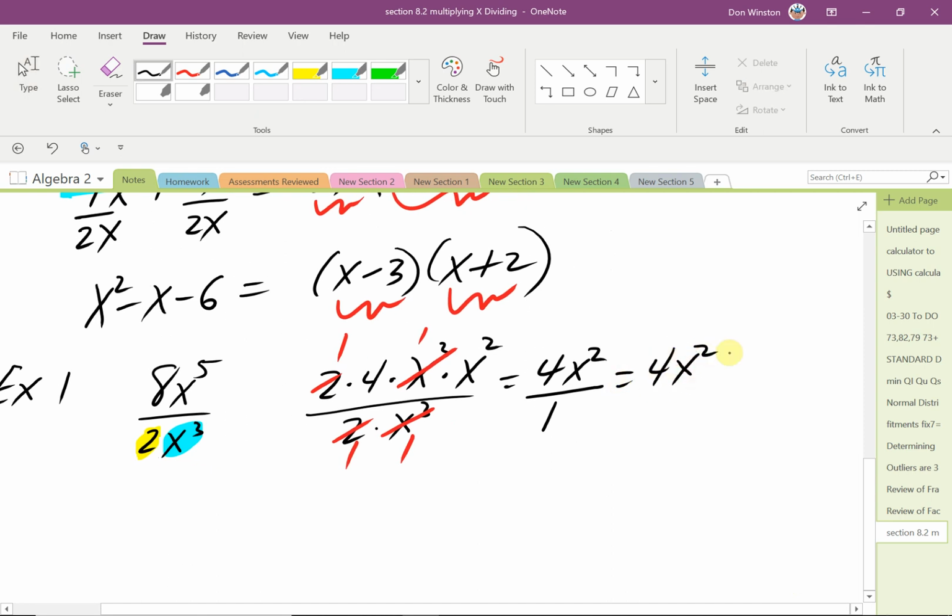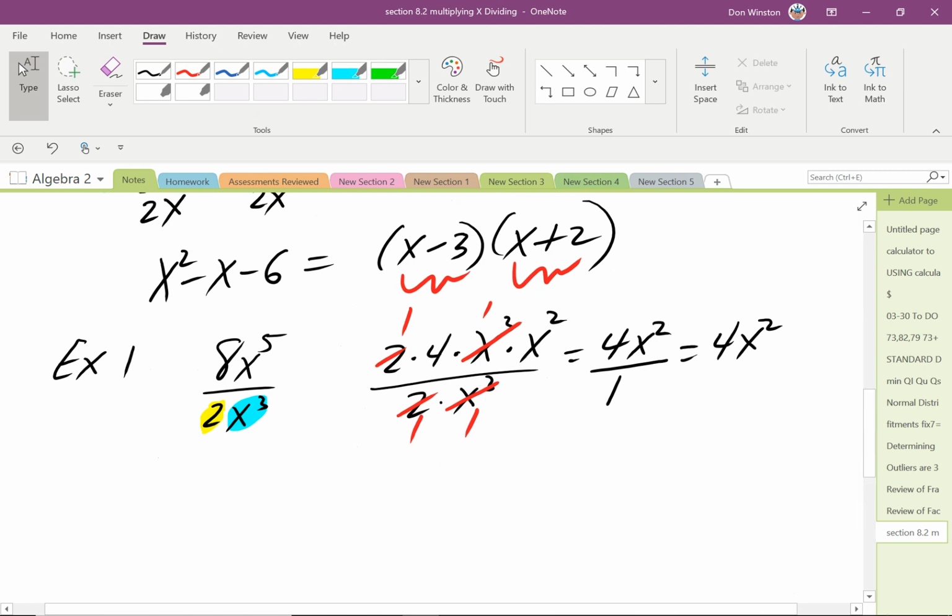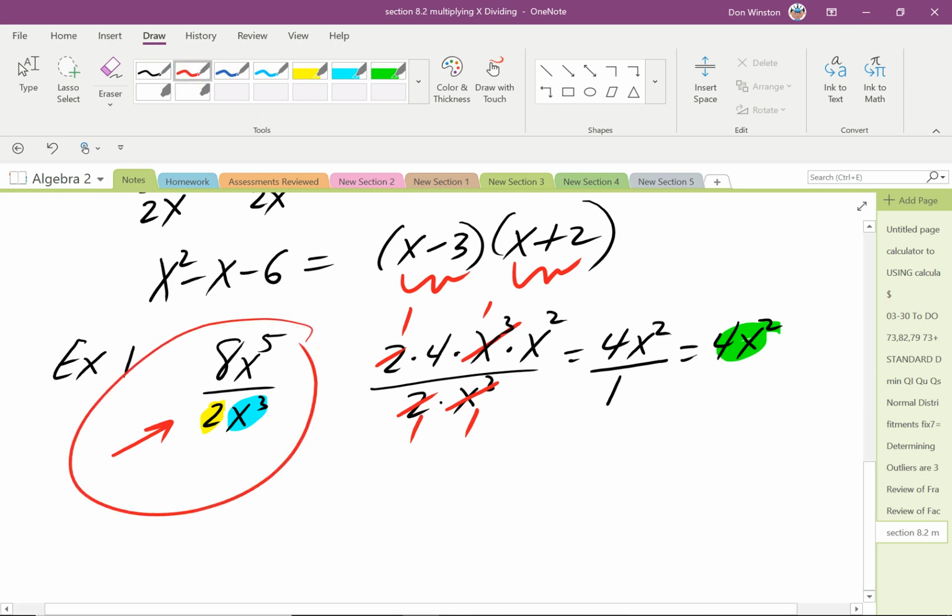Now, the thing we have to keep in mind when we simplify rational expressions is that we always begin from where we started. So this answer here, my final answer, 4x squared, will be true for where I started for all values of x except the value of x that makes the denominator 0 before I simplify. So you always have to start at the beginning to find the restriction.